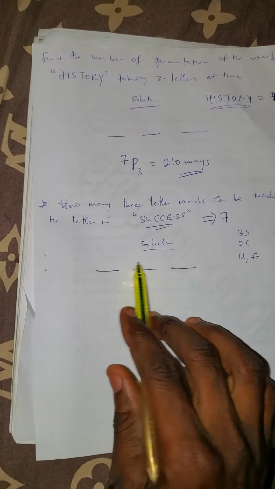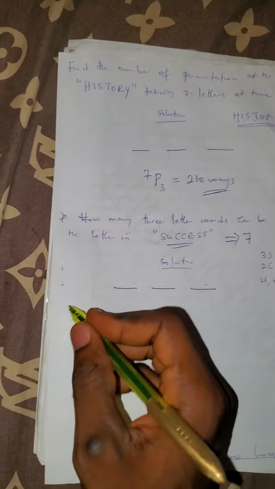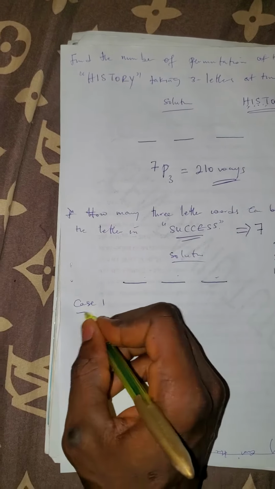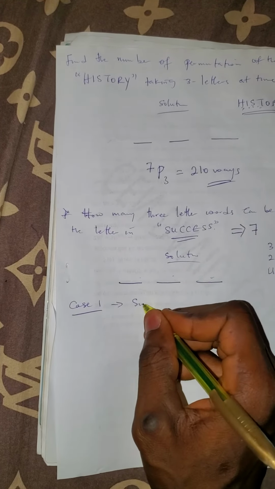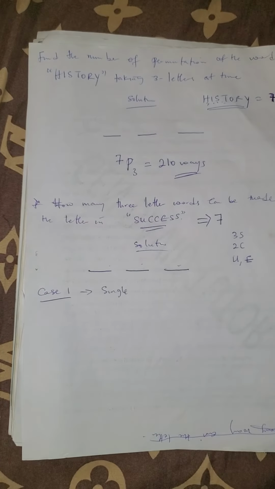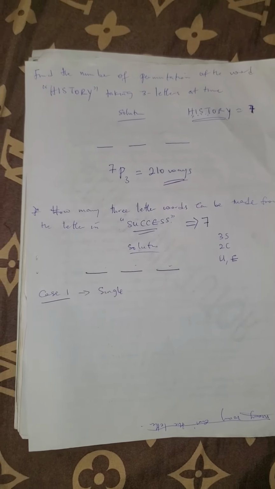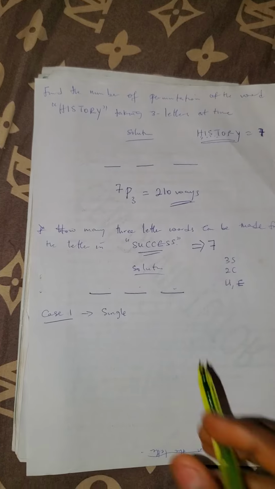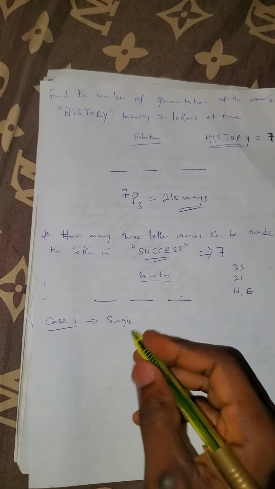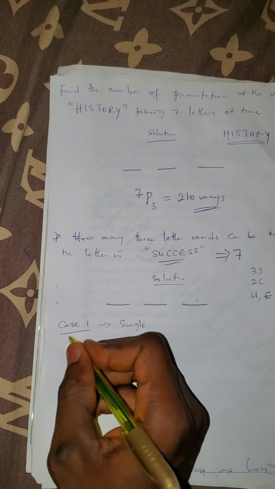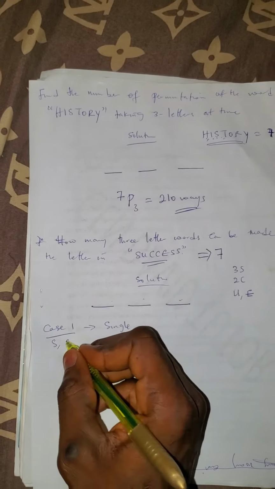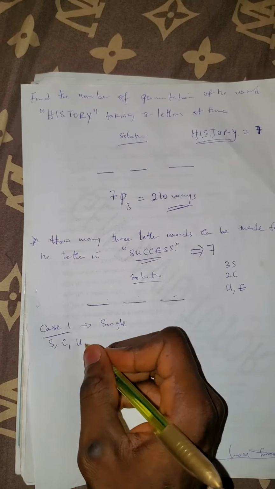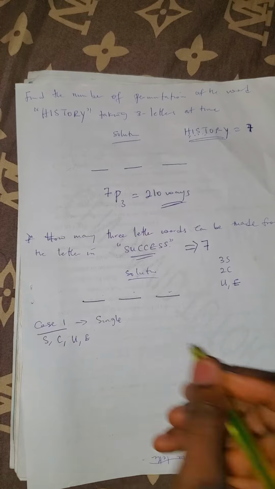Now the first case is this. We want to put 3 letters here. Case 1 is what we know as the single case. We deal with the ones that appear once: S can appear once, C can also appear, U and E. So these are the 4.